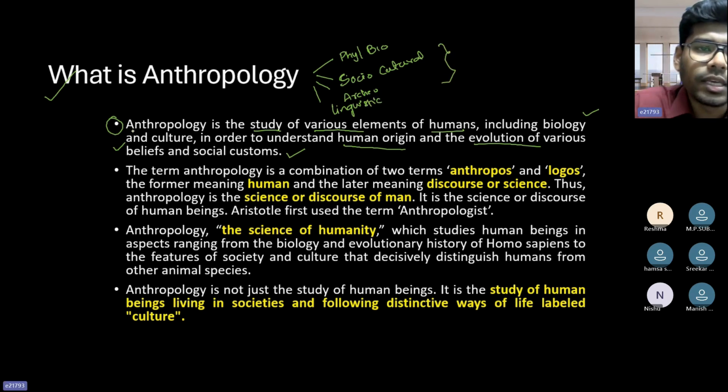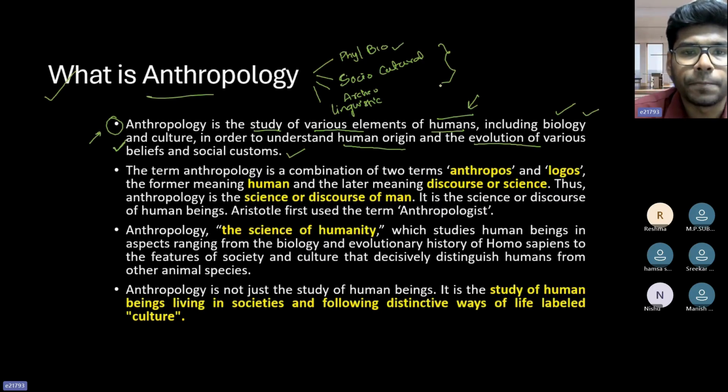Now, the very first thing to understand about anthropology is that it studies the various elements of humans. We already discussed that anthropos means humans and logos means discourse. The same thing we are discussing again. It is the study of various elements of humans, including biology, that is physical or biological anthropology, and culture, that is socio-cultural anthropology, right?